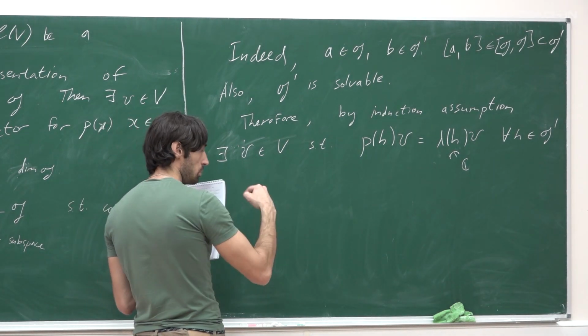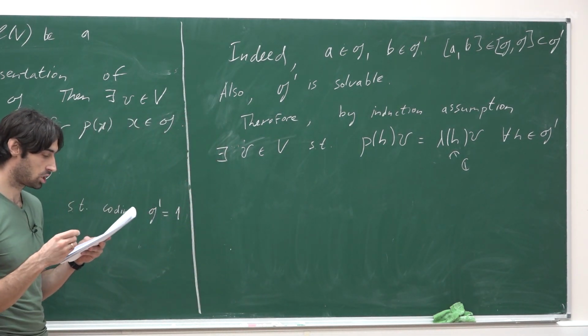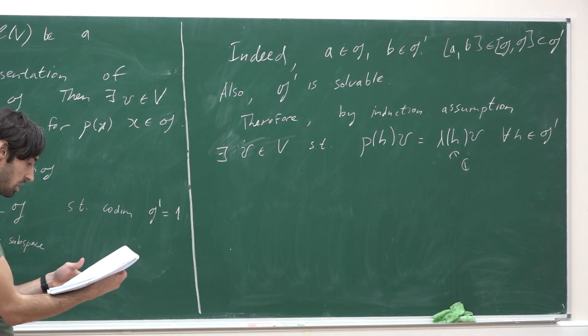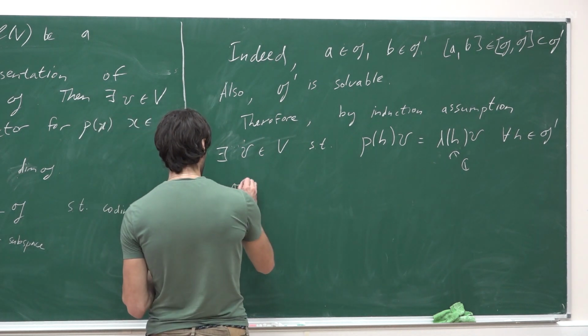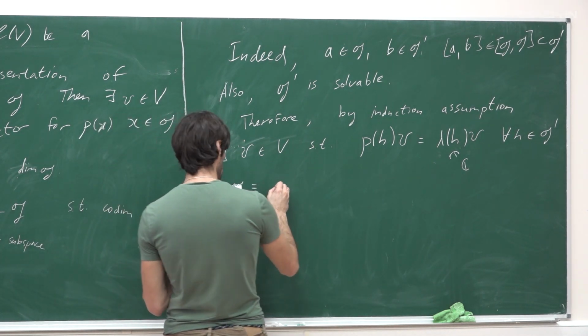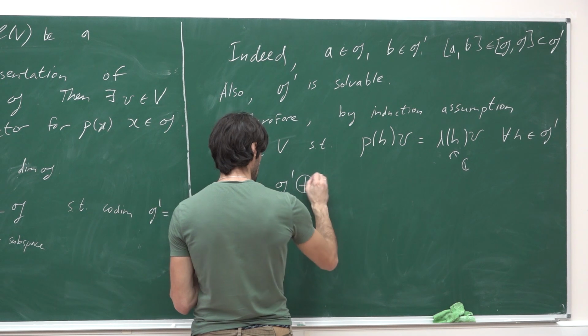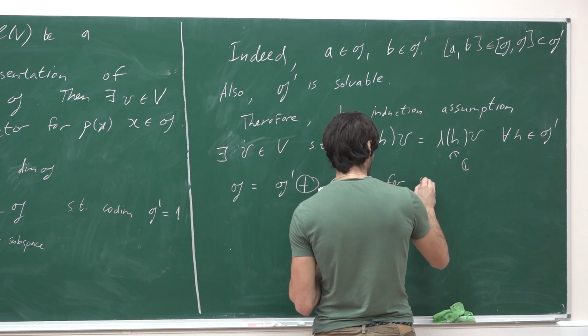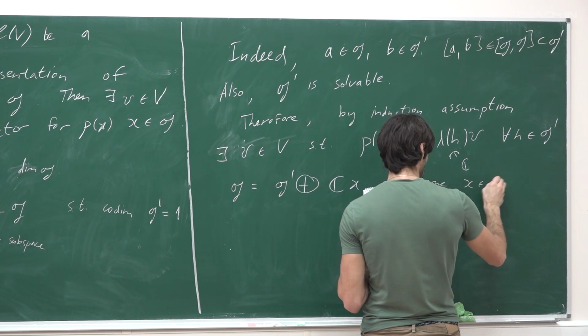Since G prime has codimension 1, I can write G as G prime plus Cx for some x in G.